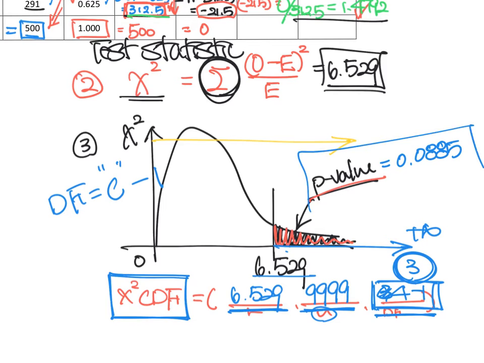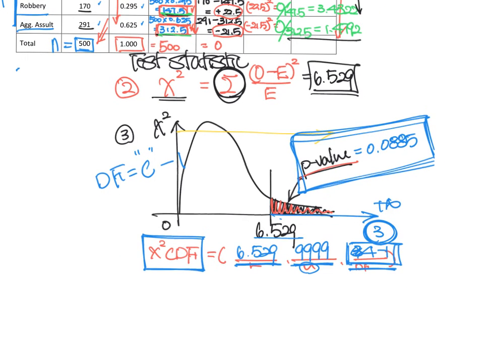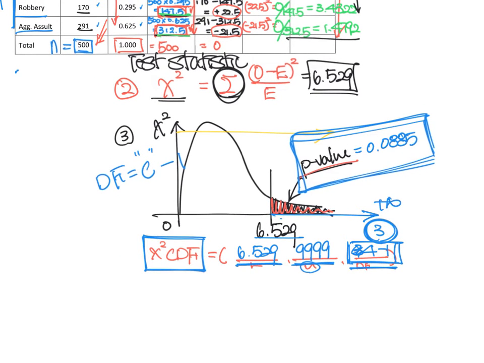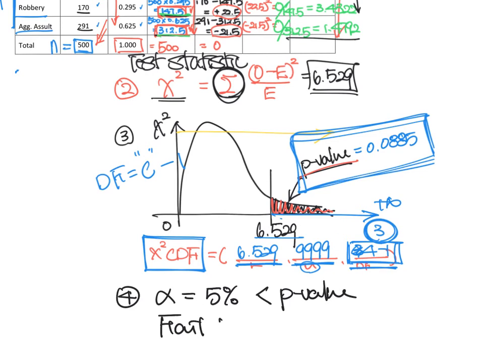It is the p-value. Then now we have to make the decision. It didn't give you alpha, so let me give you the alpha. The significance level is 5%. Then the p-value is bigger than 5%, so fail to reject the null hypothesis.